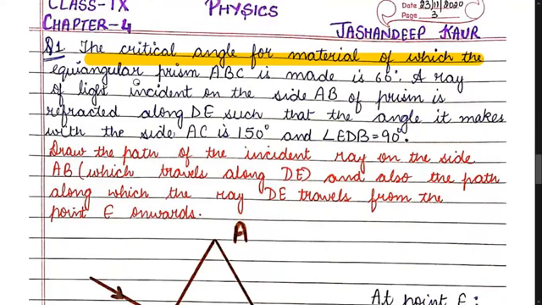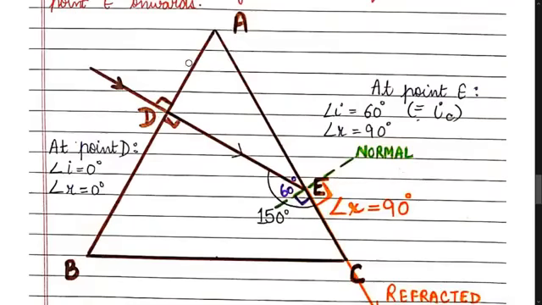Students, equiangular. Now the word equi means equal, and angular means angles. So if all the angles of a triangle are equal, that means the triangle having all angles A, B and C equal is an equilateral triangle, because x plus x plus x is equal to 180. 3x is 180, which means x is 60 degrees.